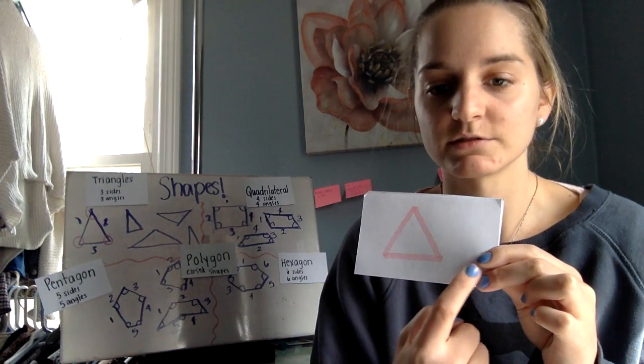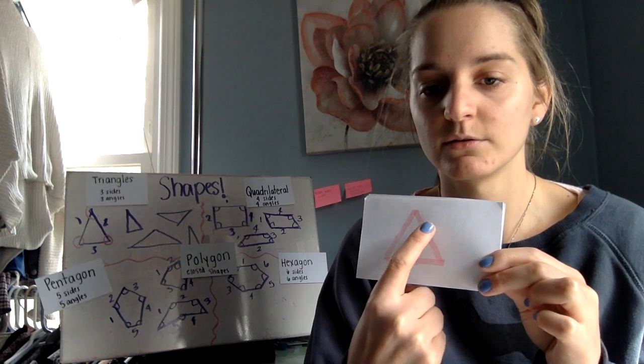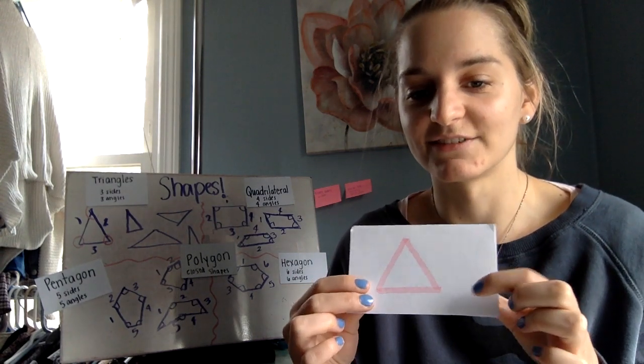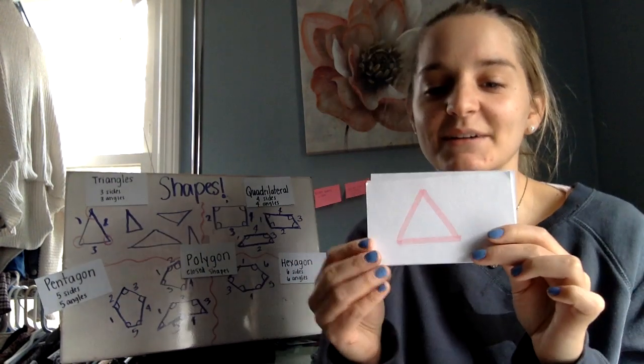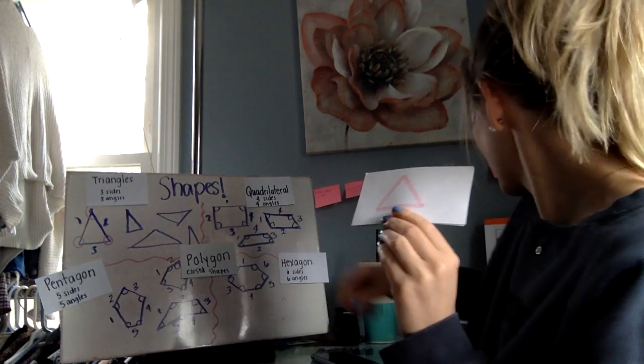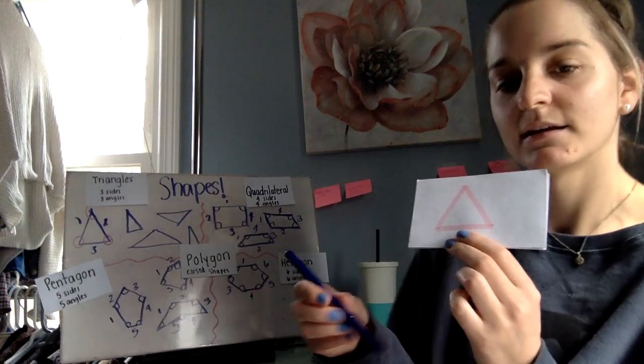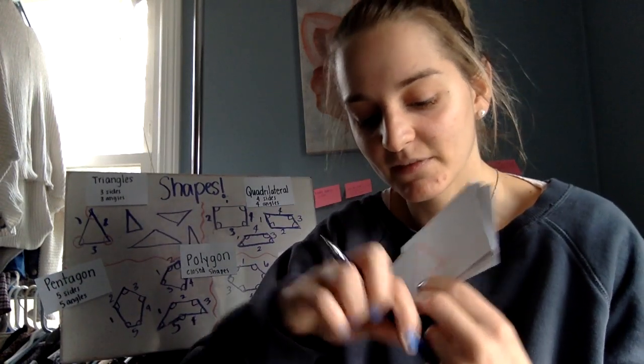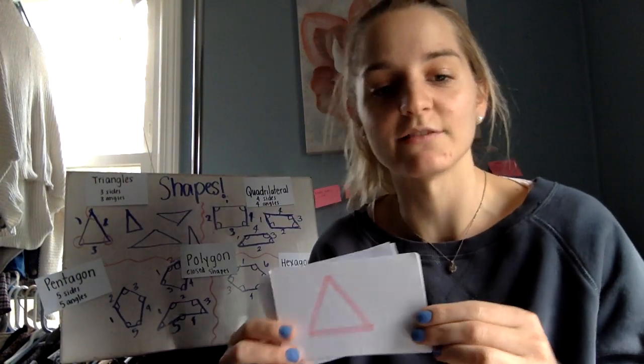Then you count your angles. 1, 2, I'm sorry, friends, 3. Okay? So if it has 3 sides and 3 angles, it is called a triangle. Give yourself 2 claps if you got it right.